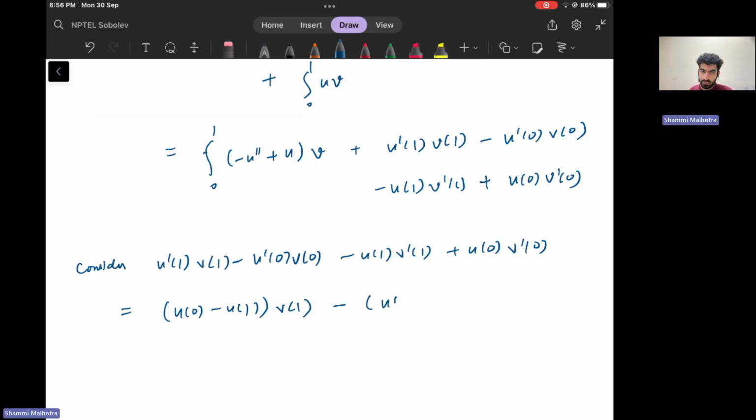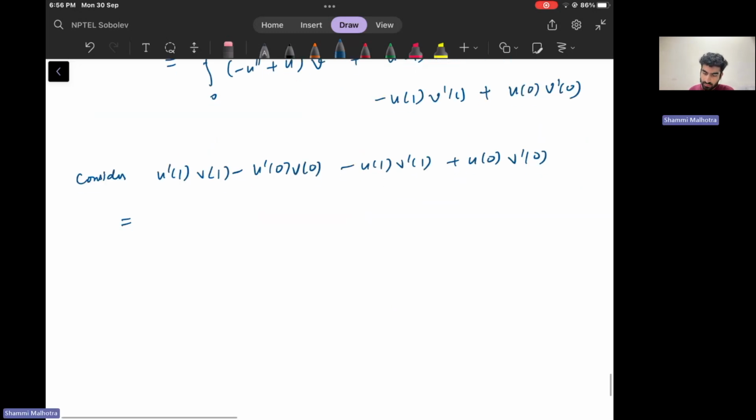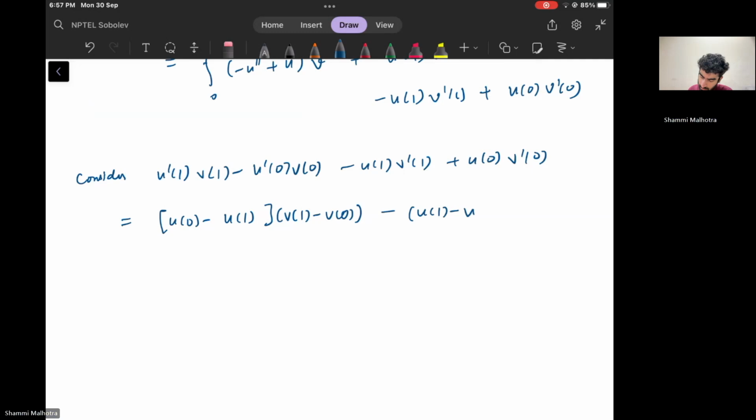So u dash 0 and v dash 0 are the same only. So we can also write this in a more compact form. So this is nothing but u0 minus u1, and then I can take v1 minus v0 to be common. And then finally we have v dash 1 and v dash 0 to be equal. So minus u1 minus u0, and then v0 minus v1.